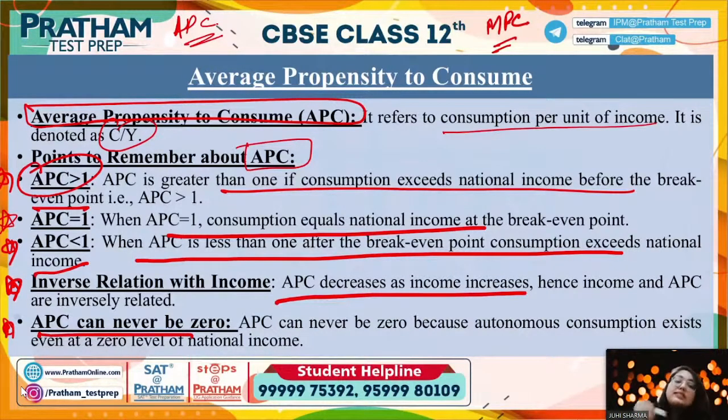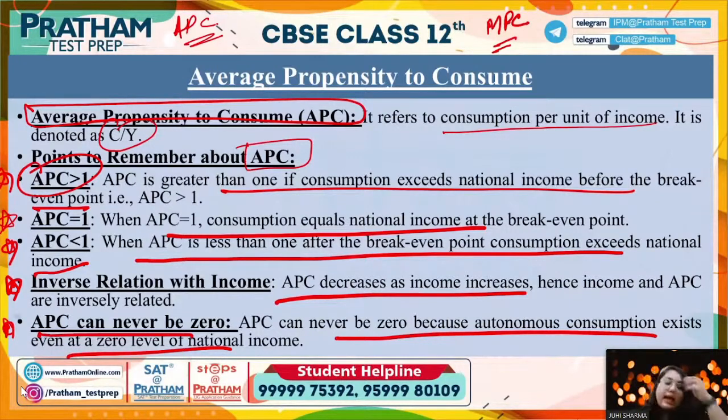Never ever can we start the consumption curve from zero or from the origin, because there will always be at least some sort of consumption, even if the income is zero, even if the national income is at zero level, there will be some consumption, whether it is for 2 meals or whatever. So that is what we say, that APC can never ever be zero, because we always have autonomous consumption in that case, right? So these are some important pointers which are related to the average propensity to consume.